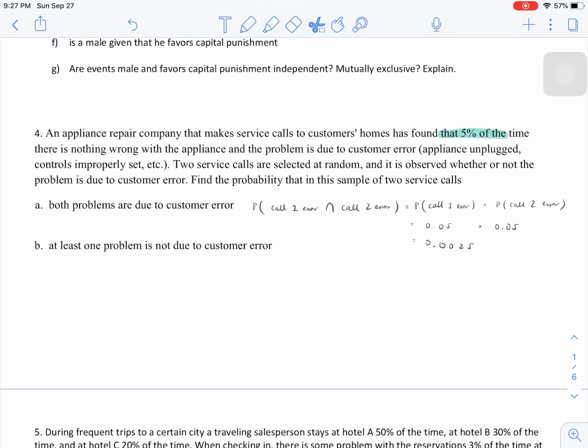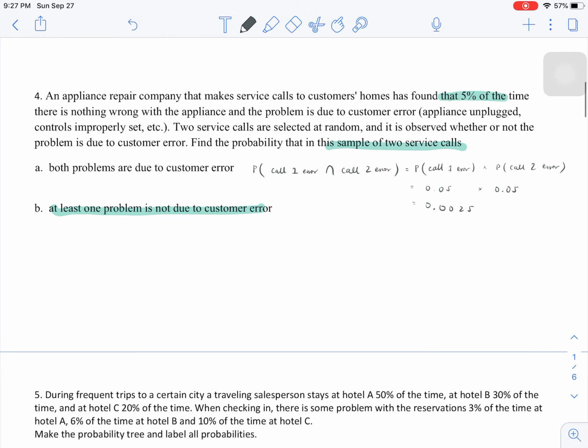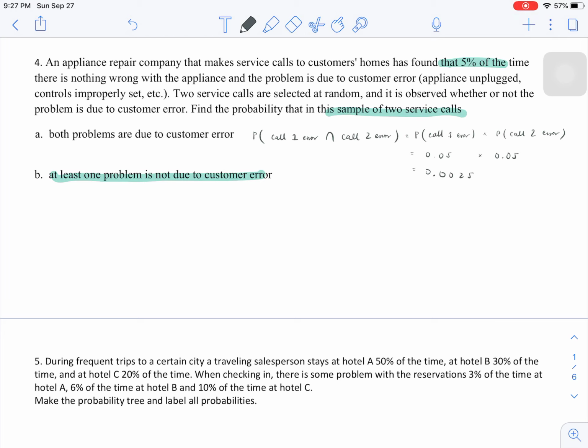Now let's find what's the probability that in any 2 service calls, at least one problem is not due to customer error. This is a little more complicated. So let's write out what we call a probability tree. In other words, we'll write out all possible outcomes. So on the first call, so let's say this is call 1.